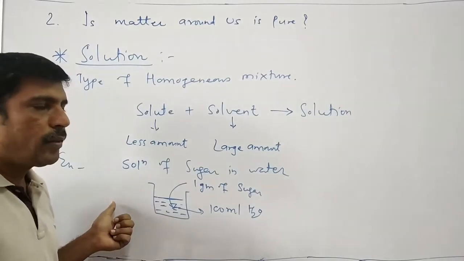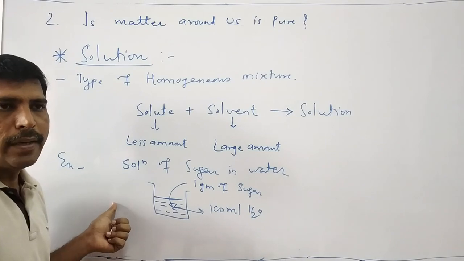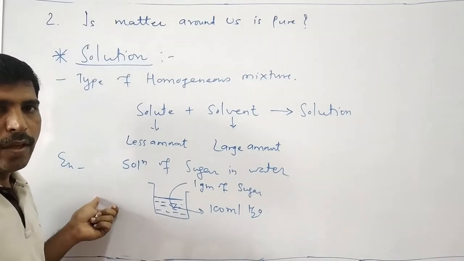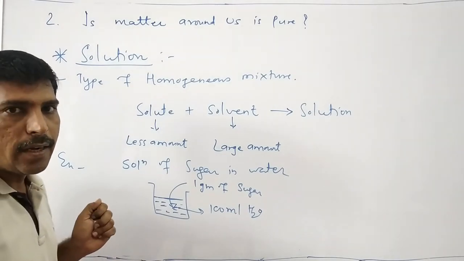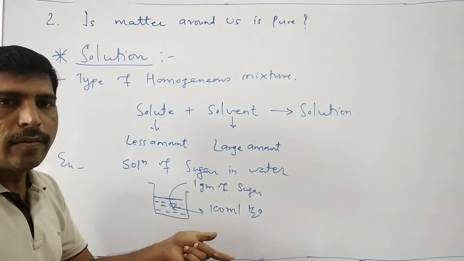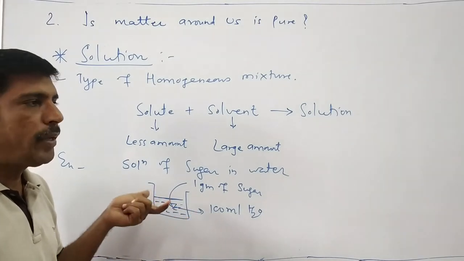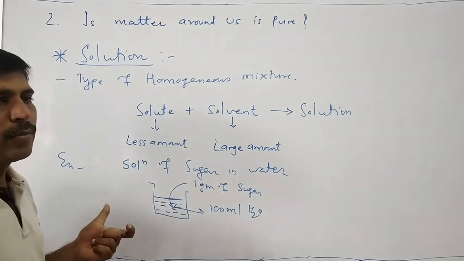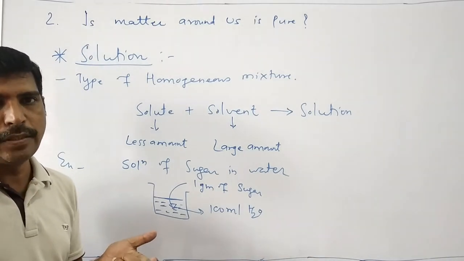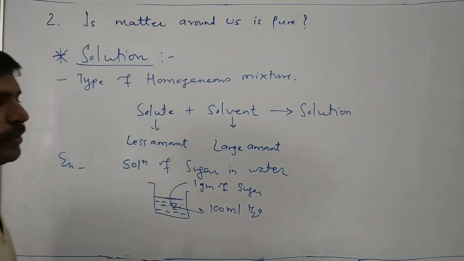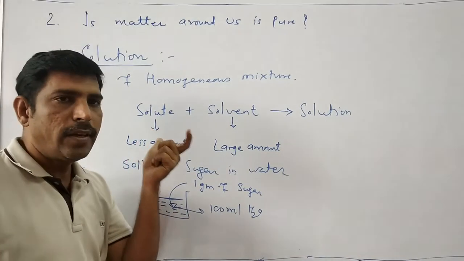In solution, the solute and solvent particles or molecules mix together. We can't see by our naked eyes the solute particle in solvent because they completely mix together. And we get a complete clear solution, that is called as true solution. The solution is also called as true solution because the solute particle size is very small.